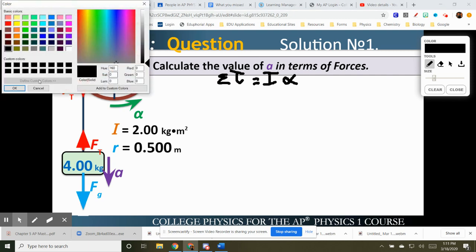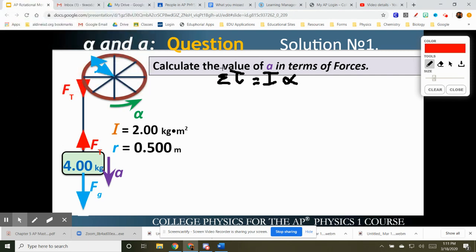Let's derive on the left-hand side first. How can we derive the sum of the torques? Yes. Okay. Thank you, Gabriel. I was just going to ask you that question.